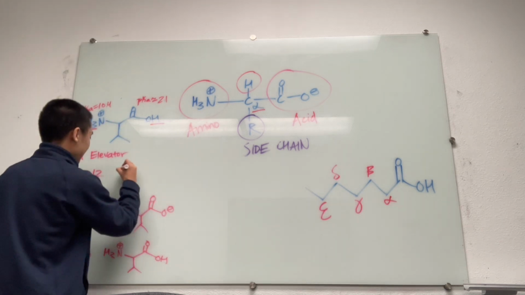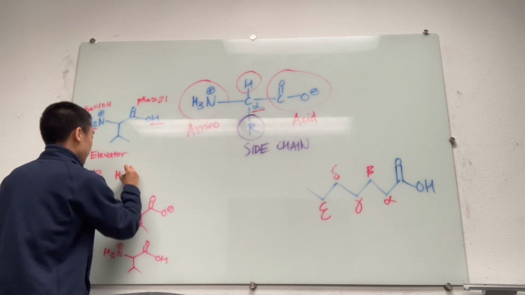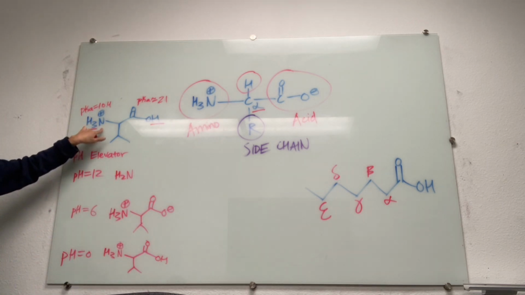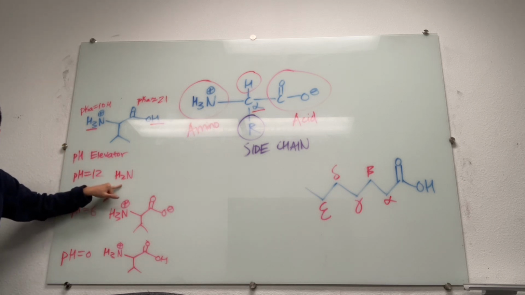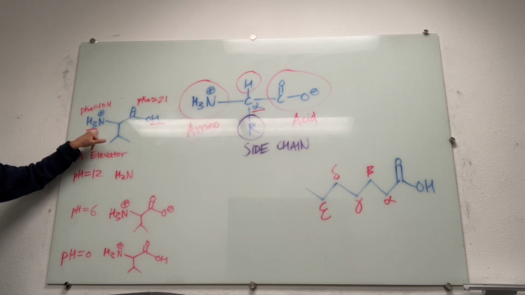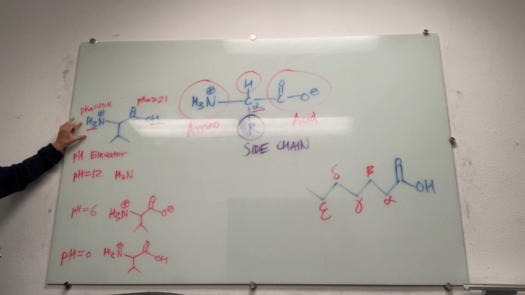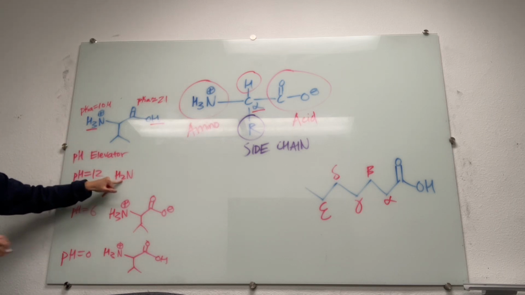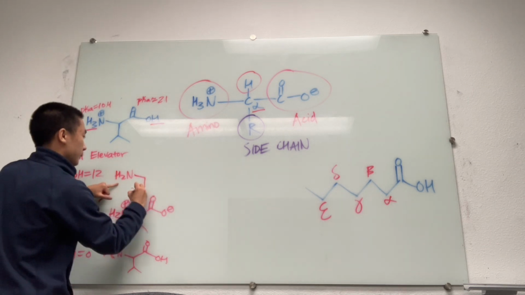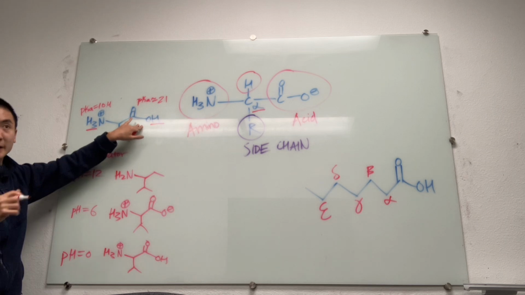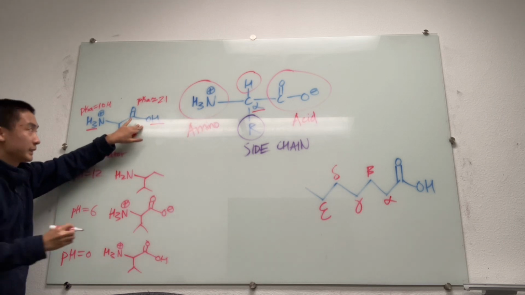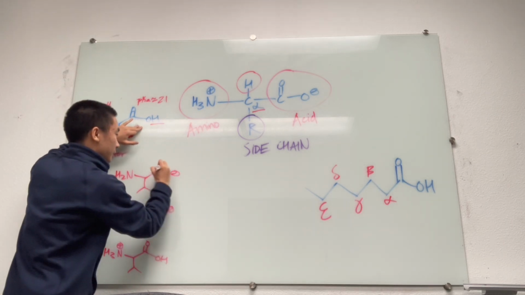So when we deprotonate it, this amino group had a +1 charge. +1 minus 1 is 0. So the overall charge of this amino group is going to be neutral when we deprotonate it. Right? When we take away a proton, it becomes NH2, neutral. But the carboxylic acid started off as neutral, a charge of 0. 0 minus 1 is going to be -1.